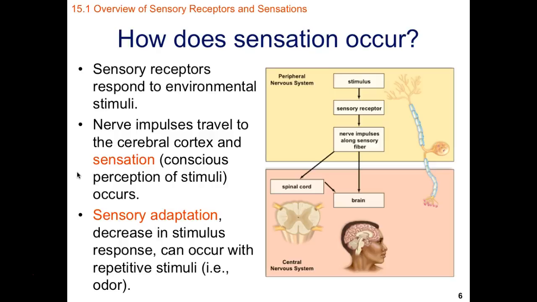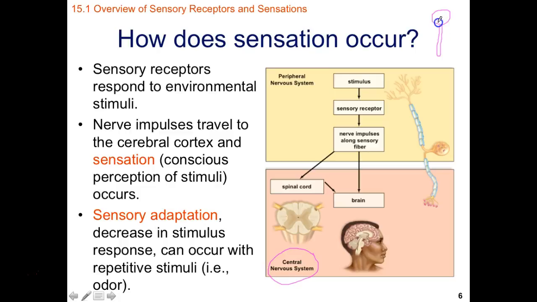So how does sensation occur? Well, we already mentioned that our sensory receptors are going to pick up information and send it along a nerve impulse to our central nervous system. So this is a nice little schematic breaking down our nervous systems. So first, what I want you to know before we dive into this is that our CNS, okay, let me circle central nervous system. Our CNS is broken down into the brain and spinal cord.